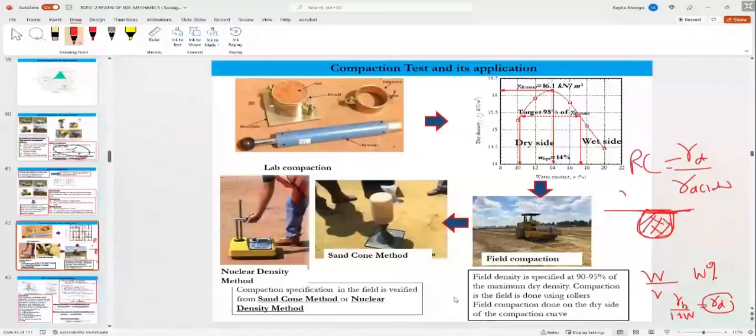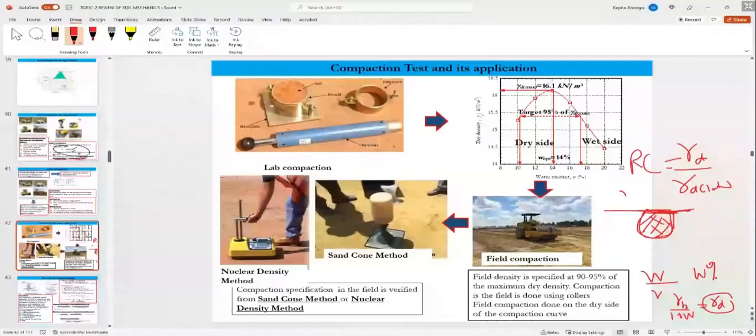Okay. For the nuclear density gauge, it has two main radioactive substances: americium 241 and I think cesium 137. One measures the hydrogen content, which translates to the water content, and the other measures the density of the soil.